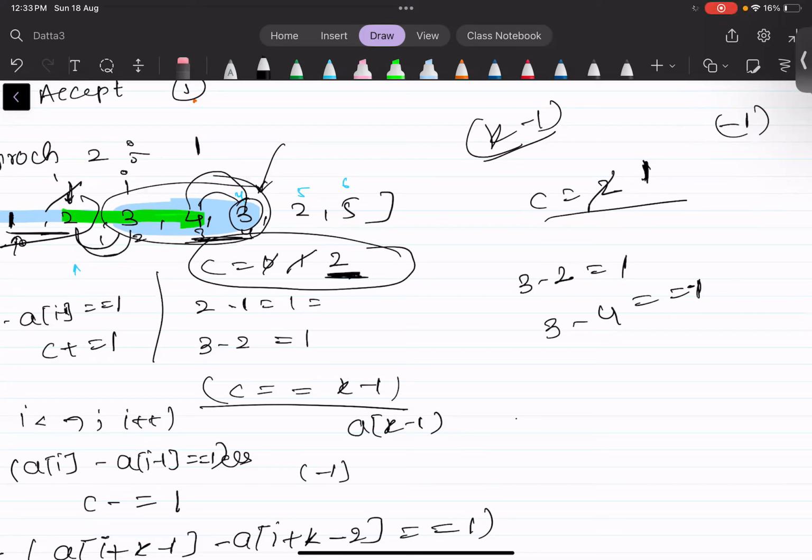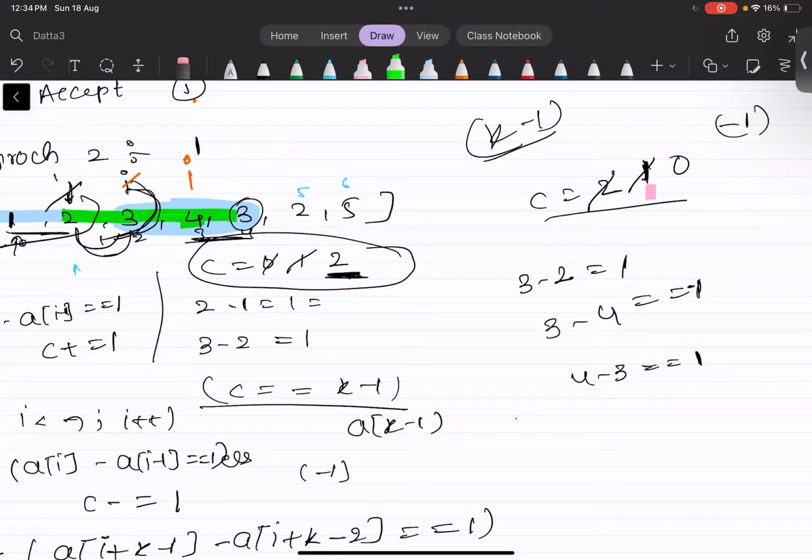subarray. Now, when we move to the next pair, whenever we increment our next I, for the next I, our C was 1. Now for this, the difference is we have removed 3 from the subarray, right? Now, if the difference 4 minus 3 is 1, yes, it is 1. So we have to decrement our C because this 3 initially contributed a value to our answer. Now, this will be our next subarray.